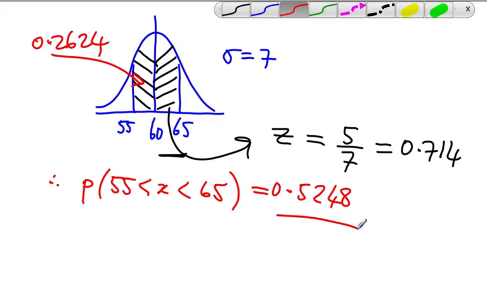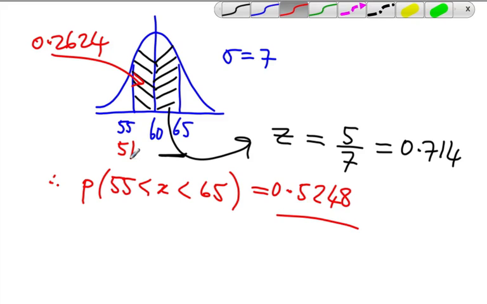Now what would happen if the question said, work out the area from 51 to 65? You'd have to work out both sides. But that would just be repeating what we've done with 5 over 7. If this was 51, then we would do this bit, 0.714, and we'd get our 0.2624.